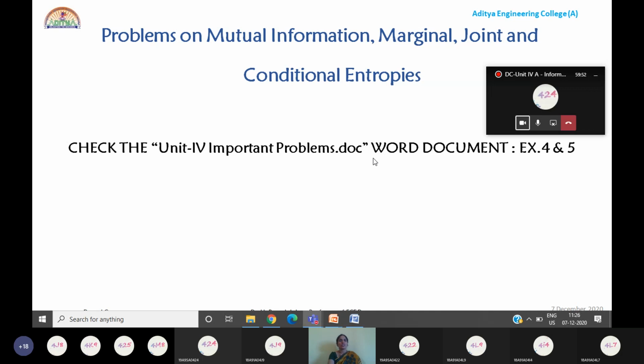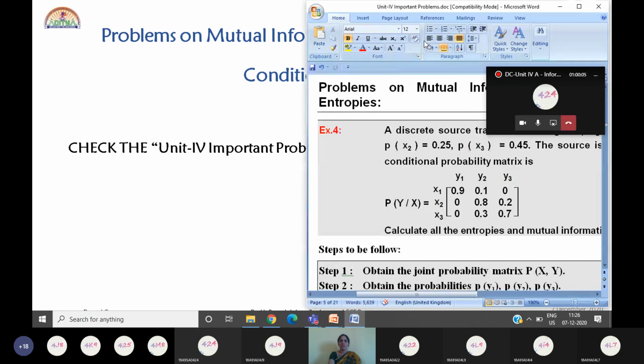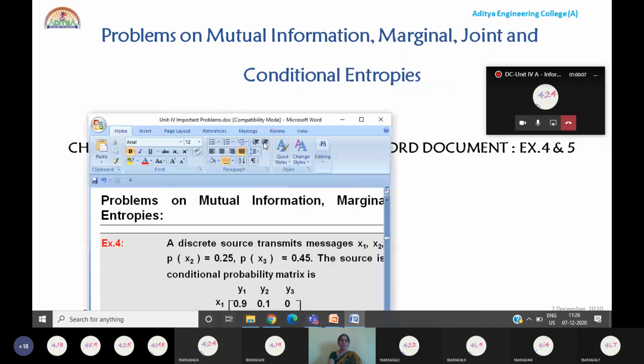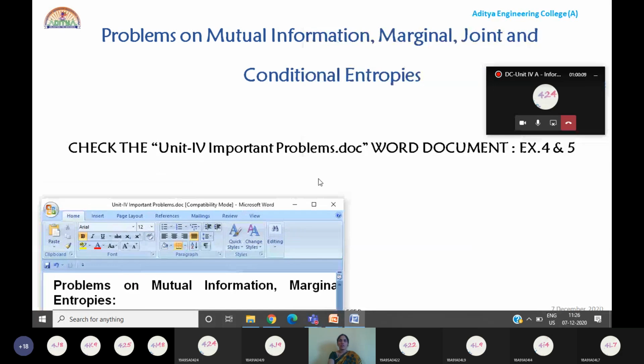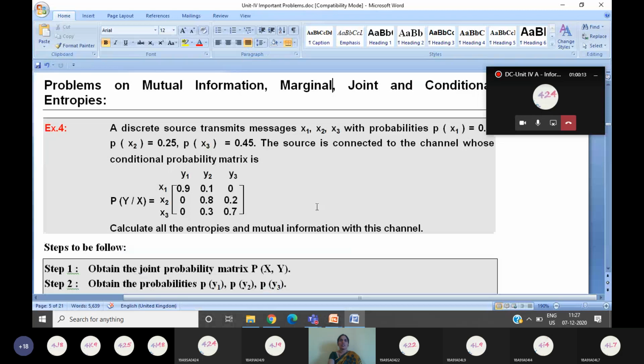Okay, so we can go through the problems in the separate Word document. You can check the fourth and fifth examples. Every time I will mention like this from now onwards for this fourth unit. So this is the document which I will provide you. In the Word document, fourth and fifth examples, you will get the same model.